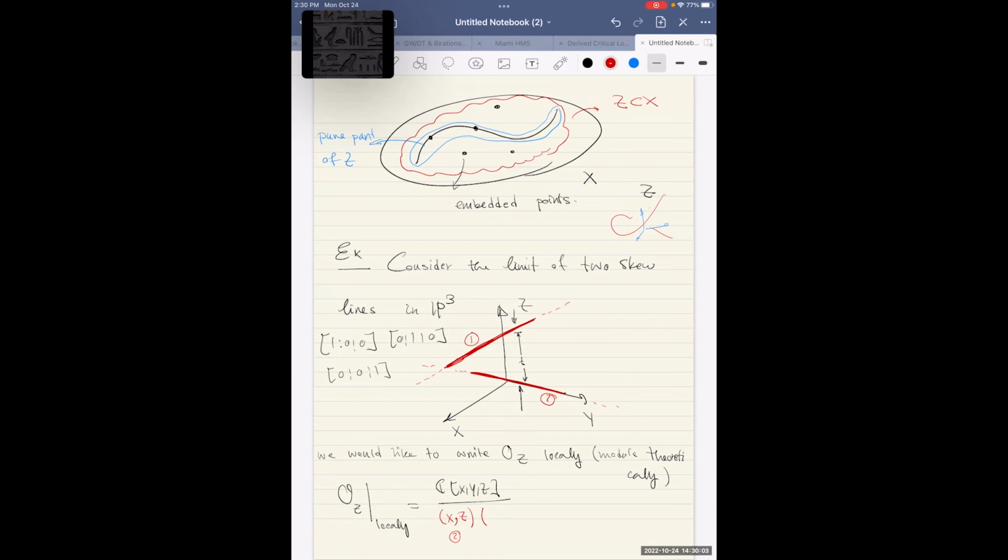It's actually a height away from the x-axis. So anything that has y in it vanishes there because it's along the x-axis, and then it's z minus t. So this is the ideal of the first branch. Locally, the structure algebra of this picture is exactly this thing.